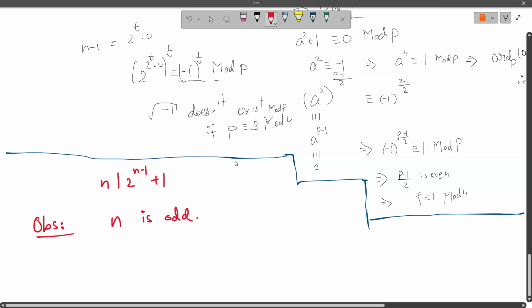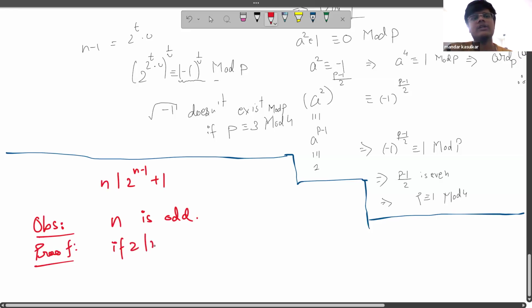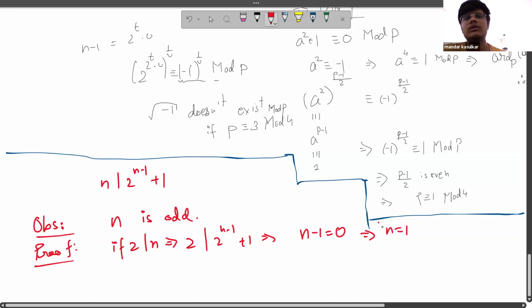Yes. So n is odd because, let me just sketch a small thing. If 2 divides n, that implies 2 divides 2 raised to the power n minus 1 plus 1, which in turn implies that n minus 1 is equal to 0, which implies that n is 1.